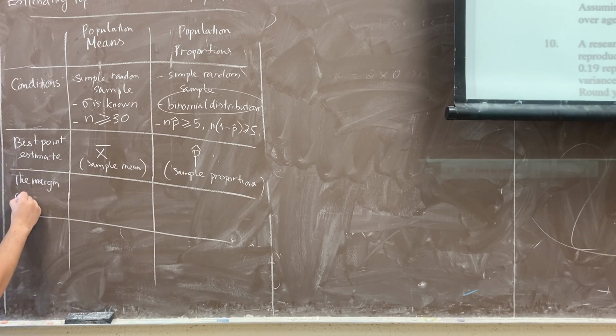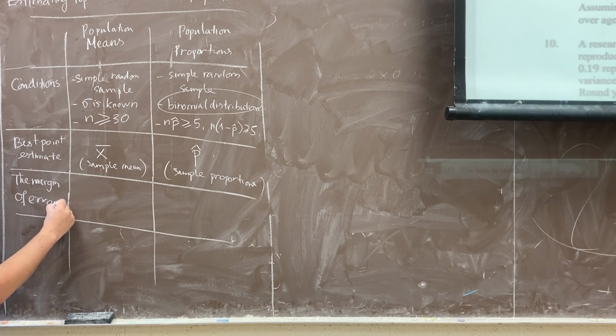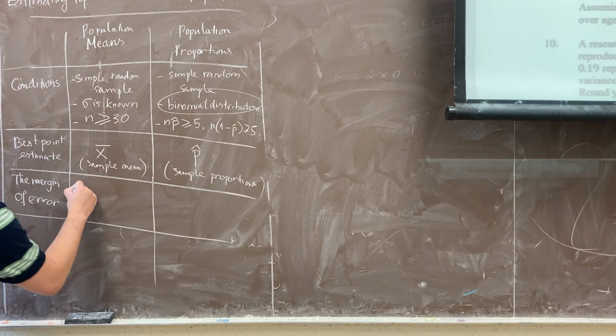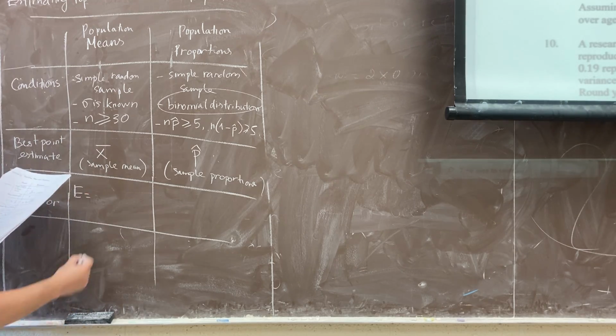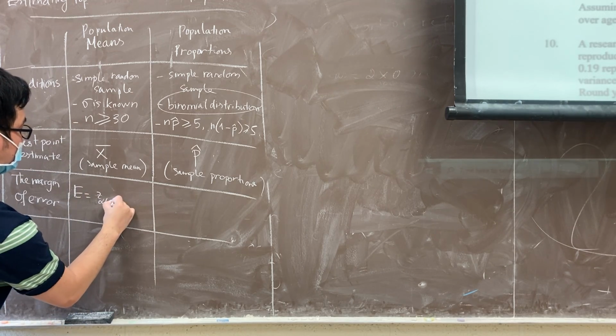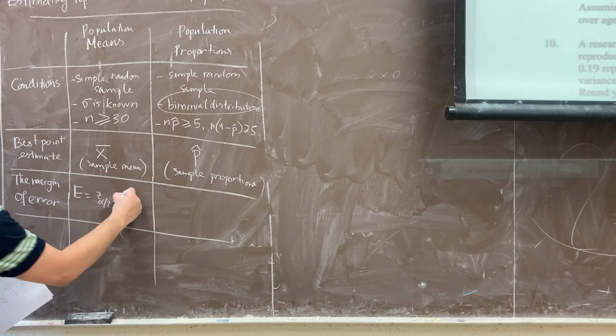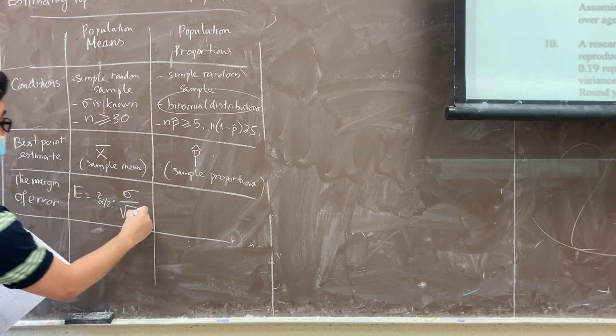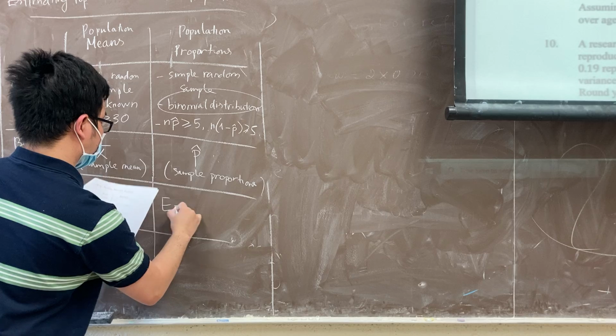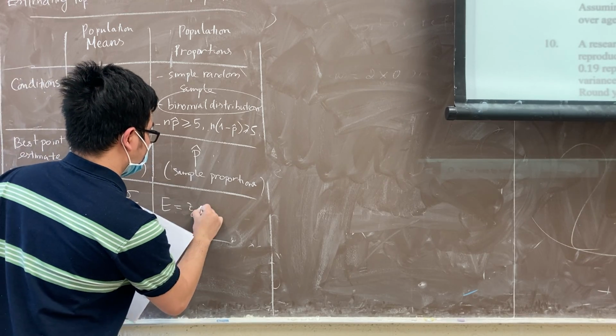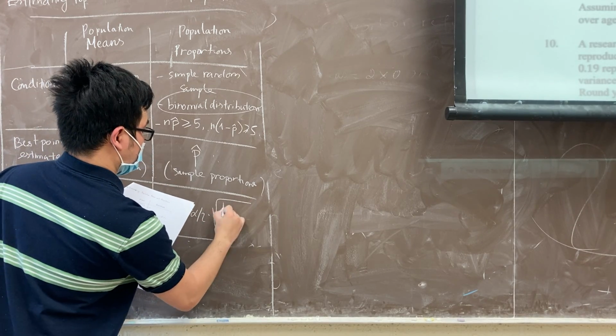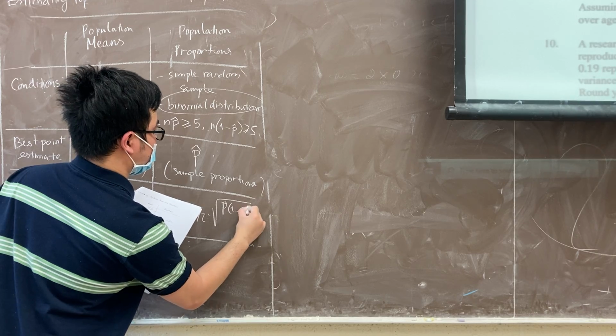The margin of error. For the population mean, the margin of error is calculated by this formula: E equals the critical value C times sigma over the square root of n. And E for the proportion is calculated by this formula: the critical value times the square root of p hat times 1 minus p hat over n.